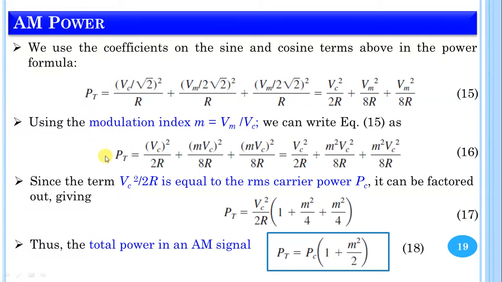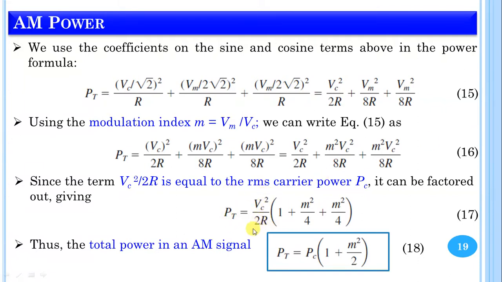Then we get PT by this expression, 16. Since the value of Vc square by 2R is the actual power of the RMS carrier signal, we represent it by Pc.